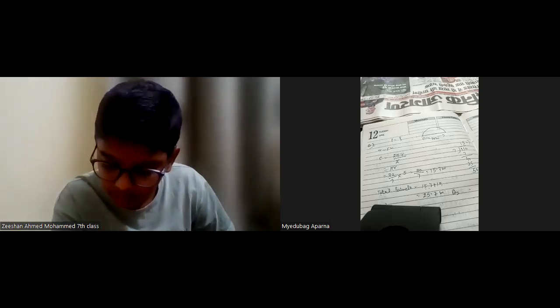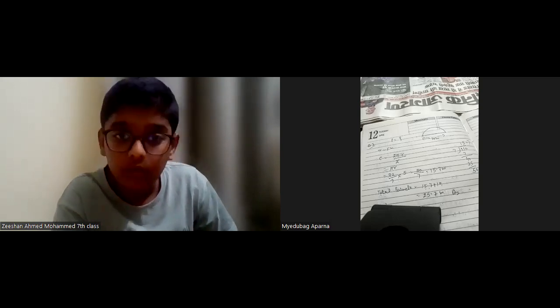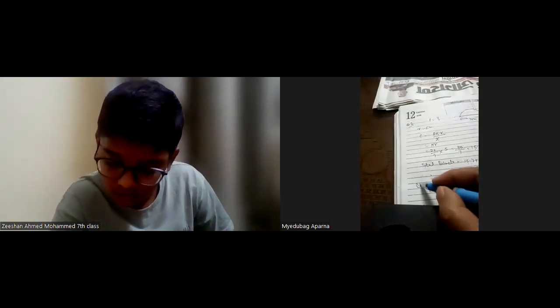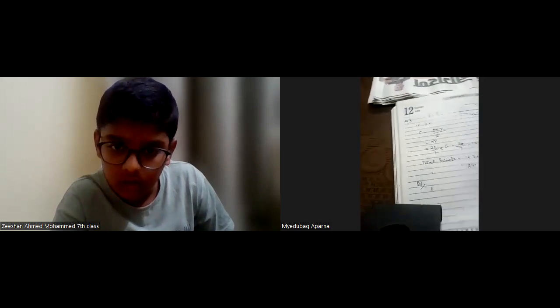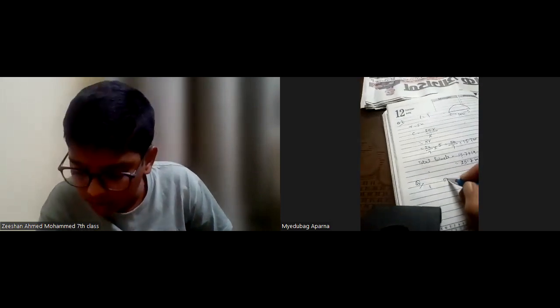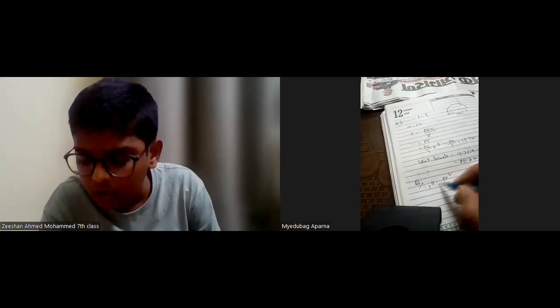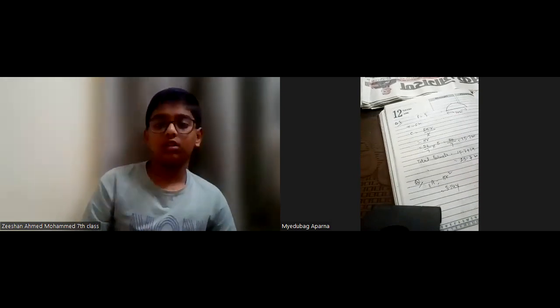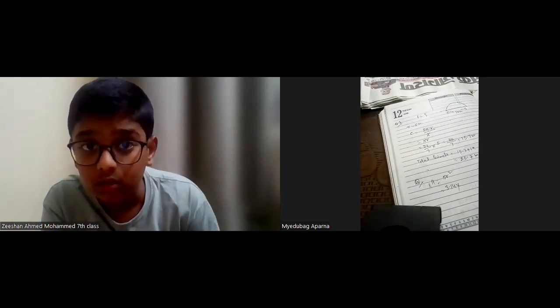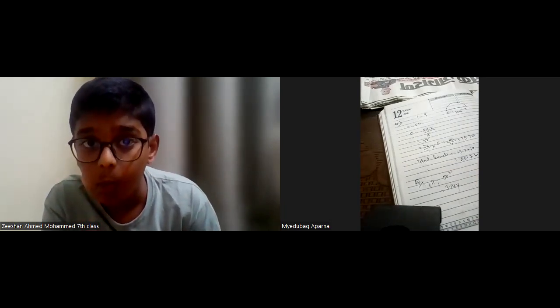So can you find the area of this figure? Can you find the area? What is the formula of area? Area equals to pi r square. Yes. Pi you have to take as 3.14. Radius is how much? Radius is 0.3. Why is that 0.3?